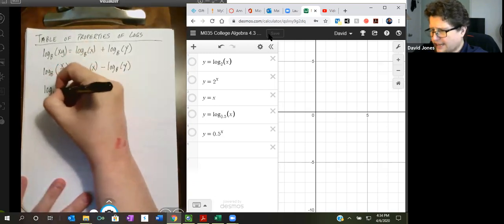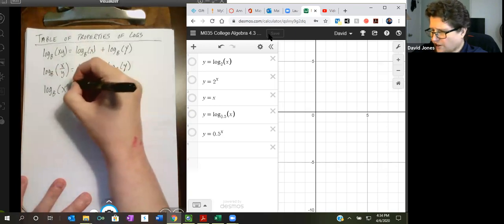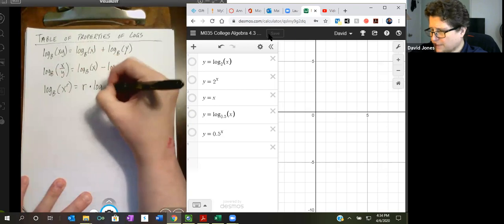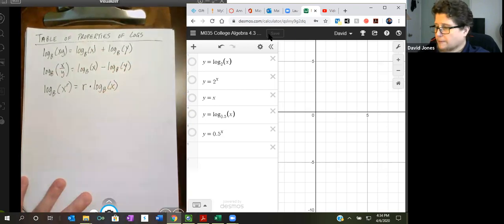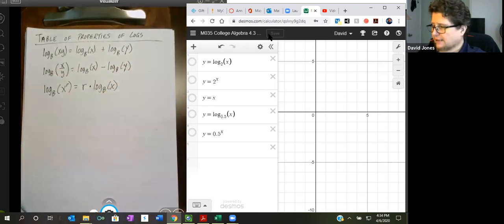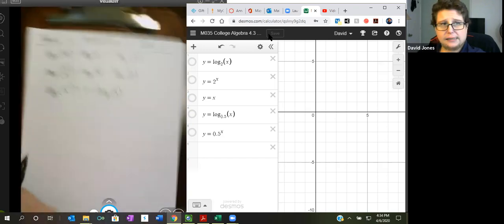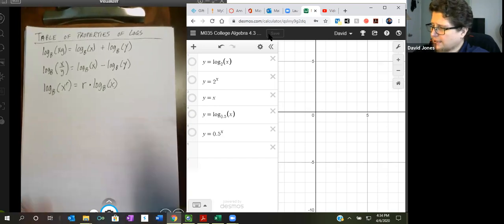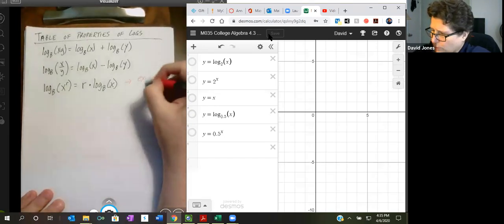Log base b of x to the r power is the same thing as r times the log base b of x. The way I remember this one, exponents can be pulled out front.